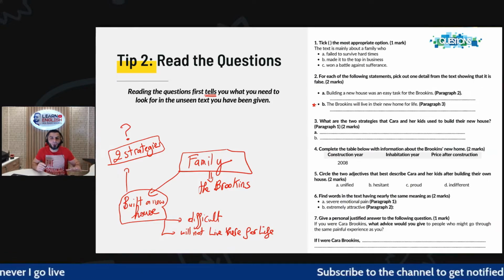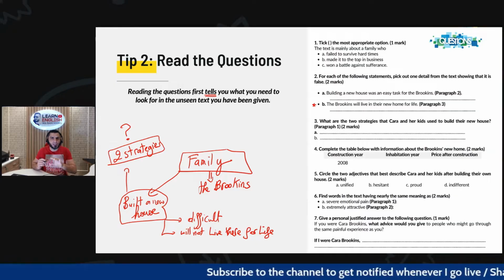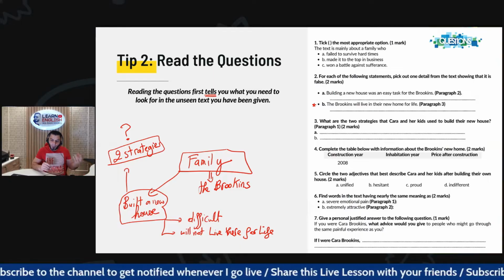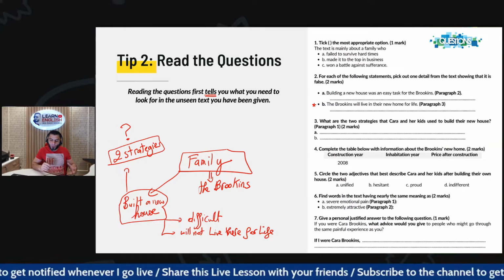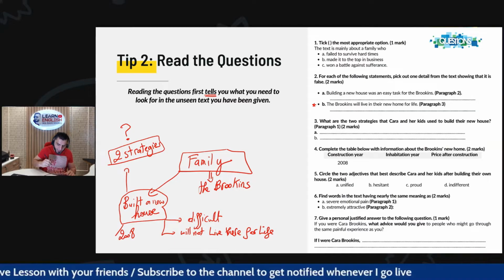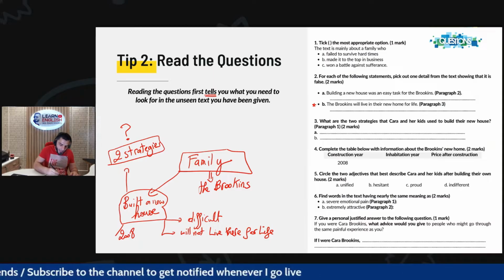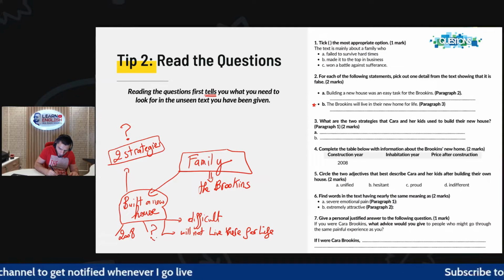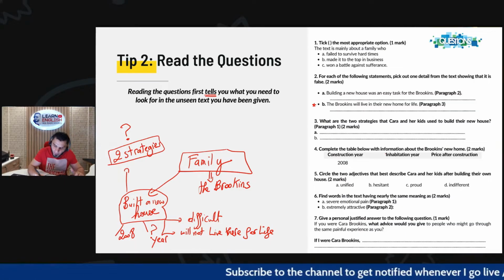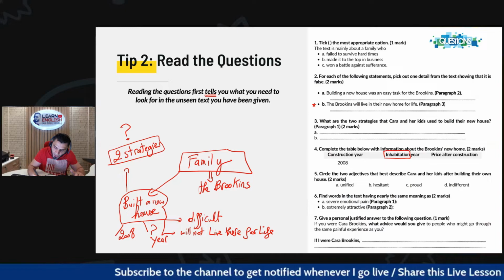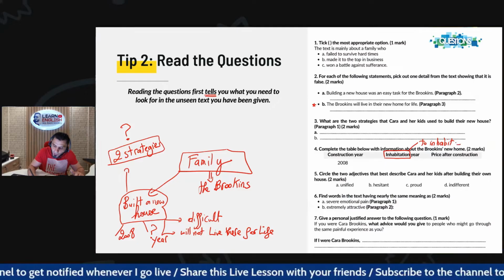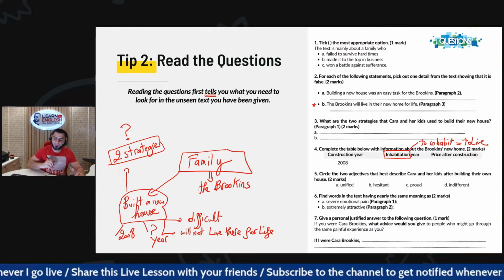You see, this is how you should deal with the questions and how you should read the questions. Moving on to question number 4. Complete the table with information about Brooklyn's new home construction year. So we have here that the house was built in 2008, and we want to know when they lived in this house. So here we have inhabitation, which comes from the verb to inhabit, which means to live.